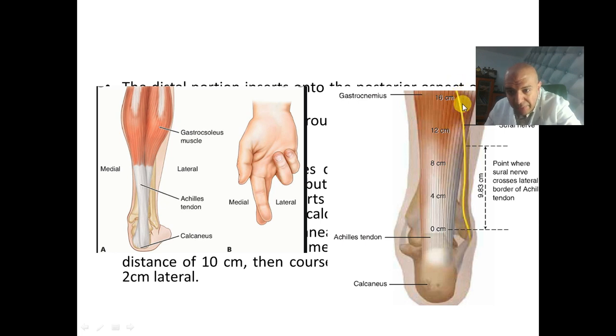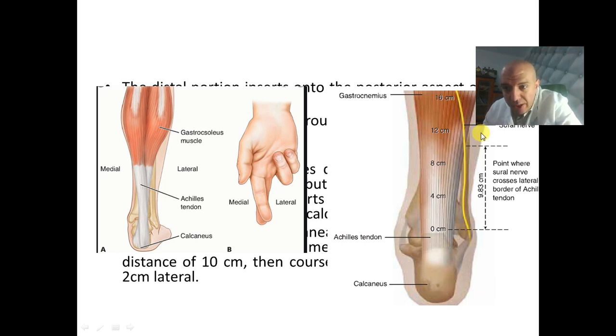The sural nerve comes about 10 centimeter from the insertion, at the musculotendinous unit. The sural nerve comes from the lateral side of the tendon, about 10 centimeter proximal to the tuberosity.